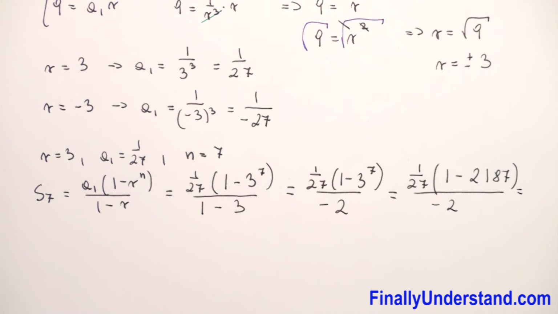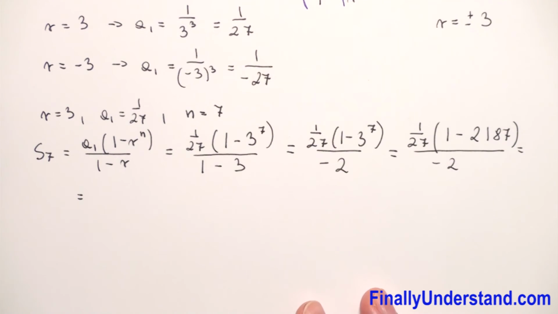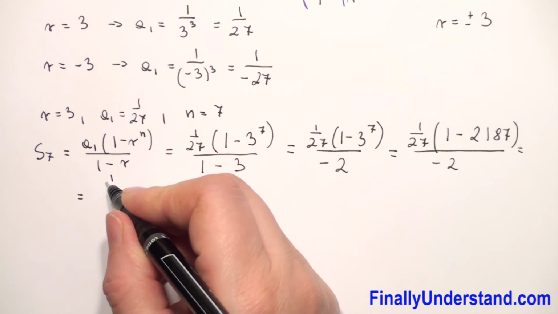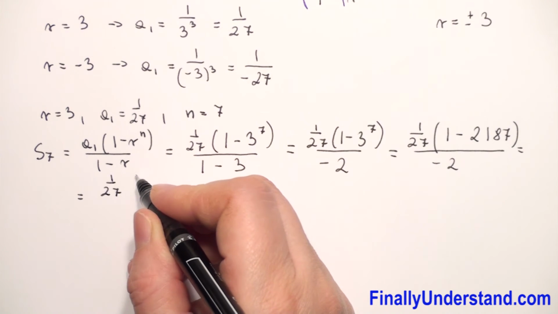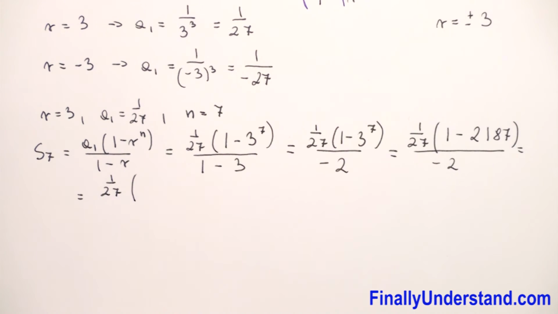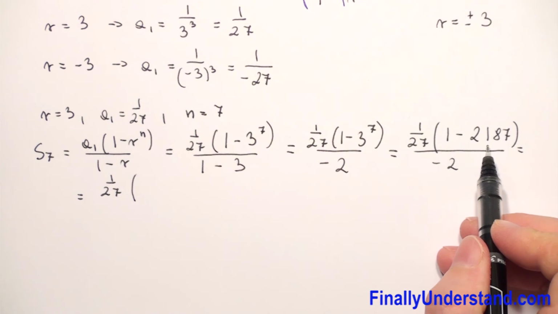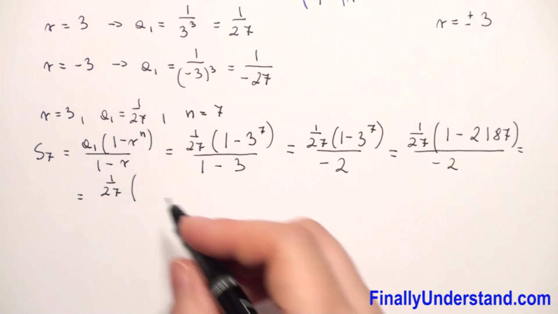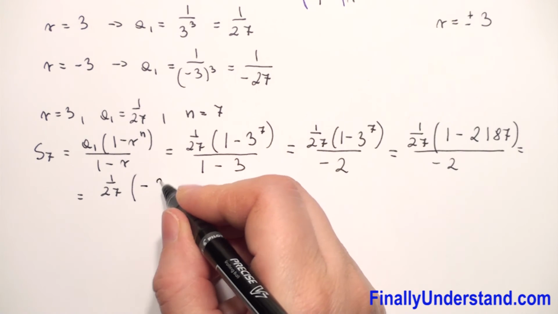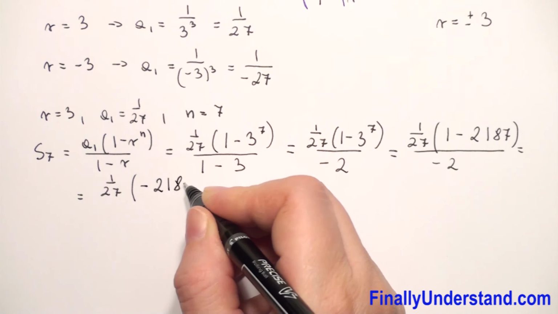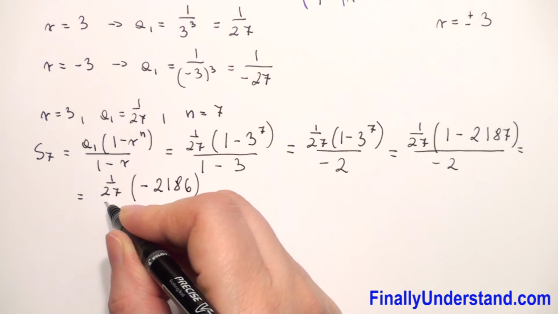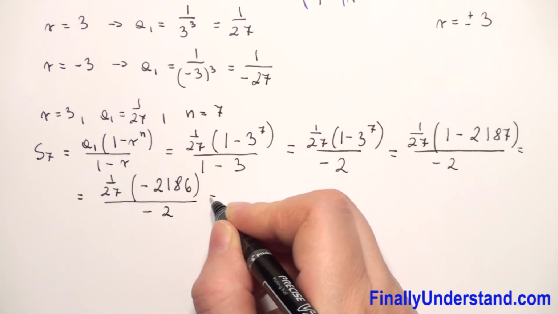So this is equal to 1 over 27 times 1 minus 2187, so it will be minus 2186 over -2.